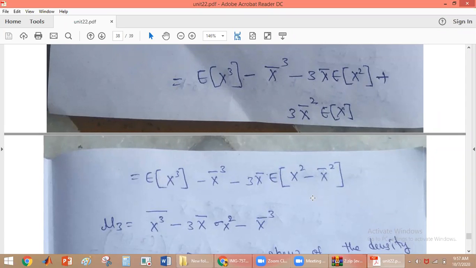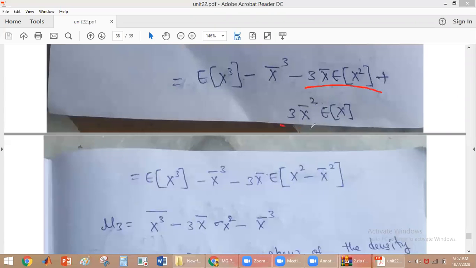And we know that expectation of a constant is constant only. So to simplify this, we have combined the last two terms. We have written it as expectation of x square minus x bar square.